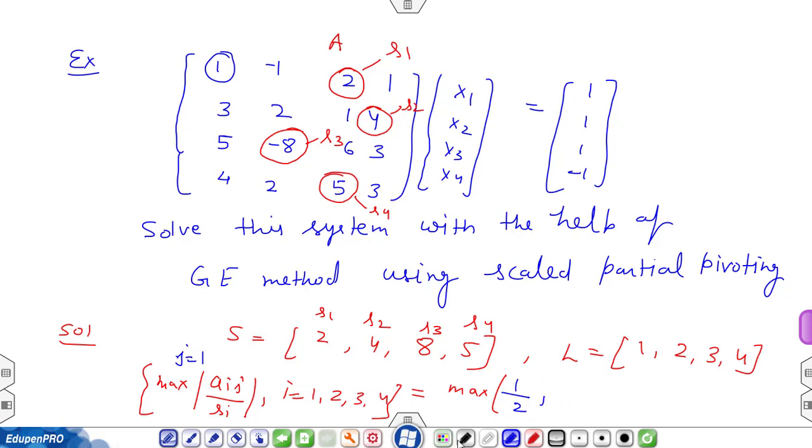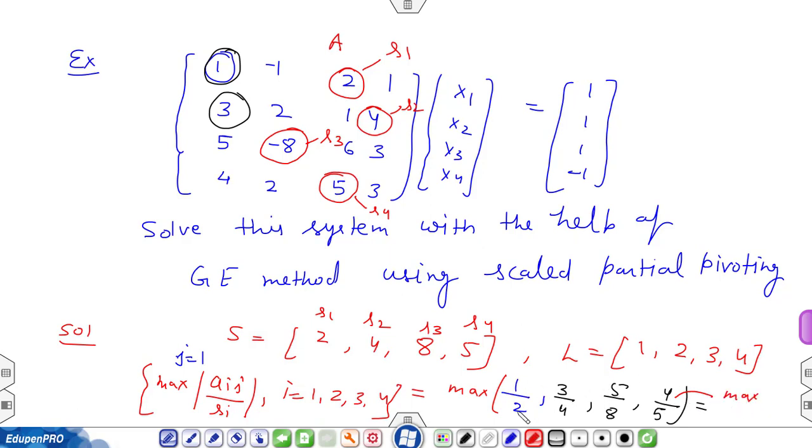Next, we have to take this element, 3 upon S2, that is 4. 5 upon S3, that is 8. And then 4 upon S4, and S4 is 5. Out of this, what is the maximum element? This is the maximum.